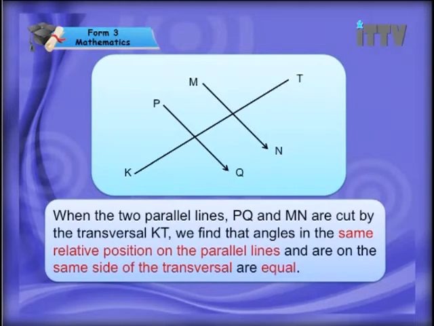Now, the next issue that you need to consider is when the two parallel lines, PQ and MN, are cut by the transversal KT, we find that angles in the same relative position on the parallel lines and on the same side of the transversal are equal.